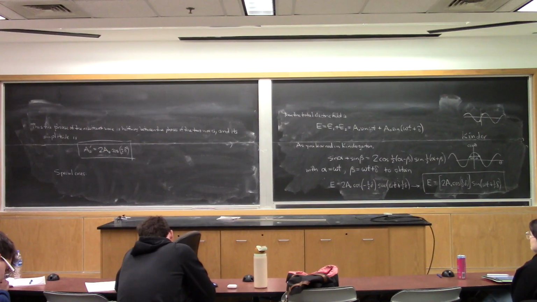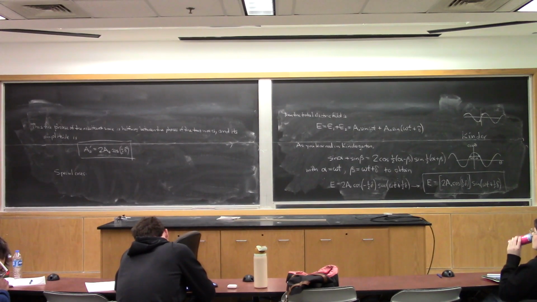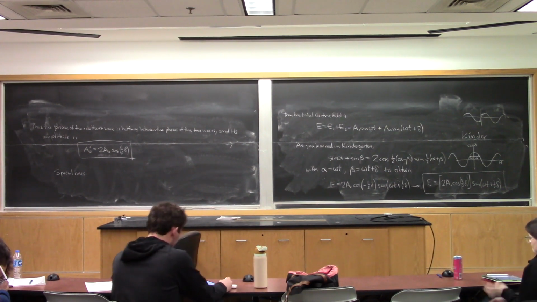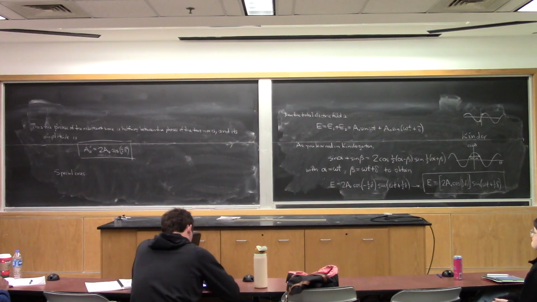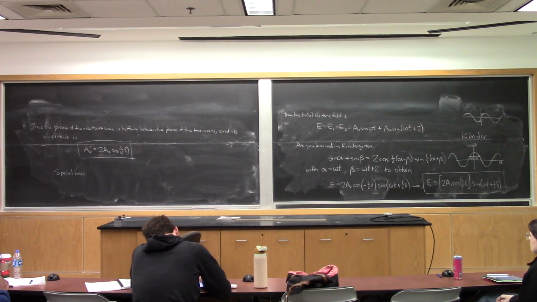Intensity is proportional to amplitude squared. So the interference maxima are 4 times brighter than the wave from either slit by itself. But the minima are 0 times brighter; there's no intensity there.